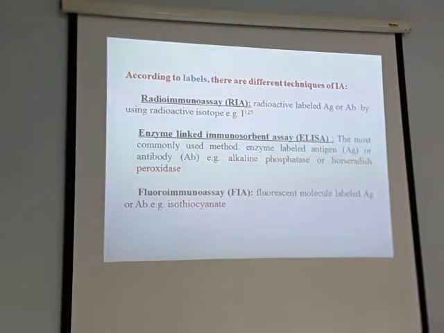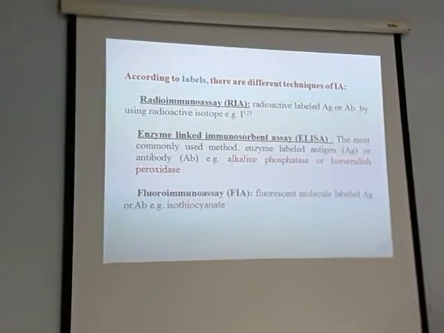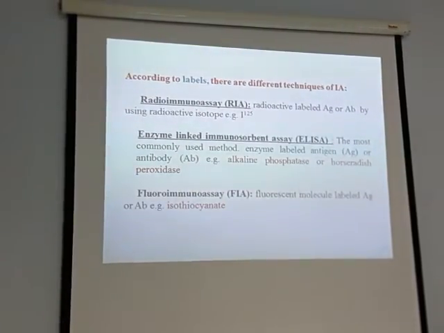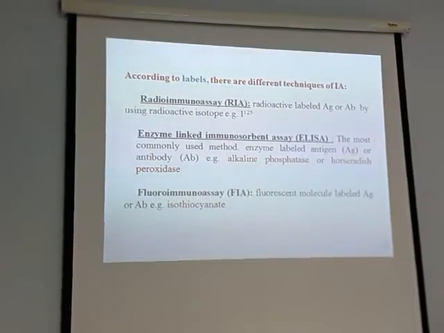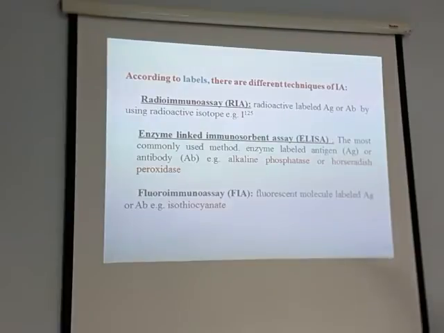Depending on the labels, the immunoassays are divided into three types: radioimmunoassay, ELISA (enzyme linked immunosorbent assay), and fluoroimmunoassay. The name itself indicates what the label is. Radio means a radioactive particle is involved in the assay technique. In that case, we are using a radio-labeled particle. So that is called radioimmunoassay.